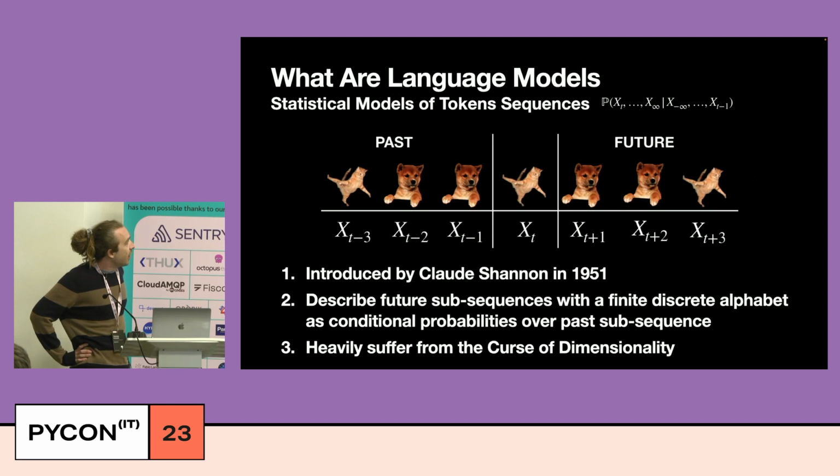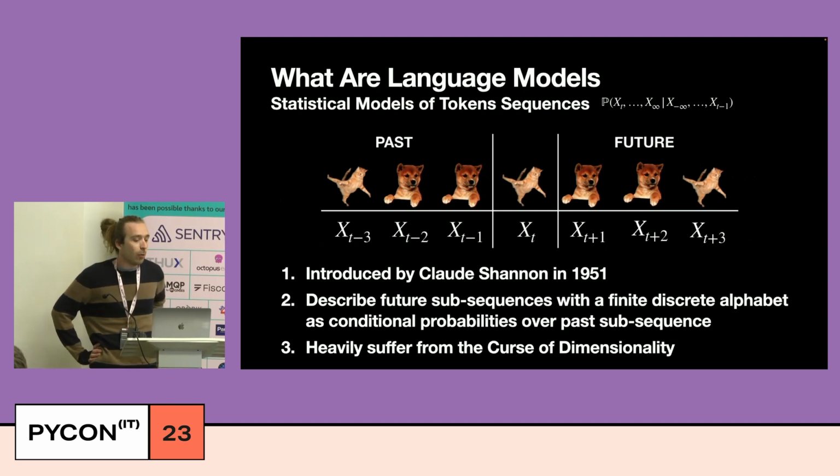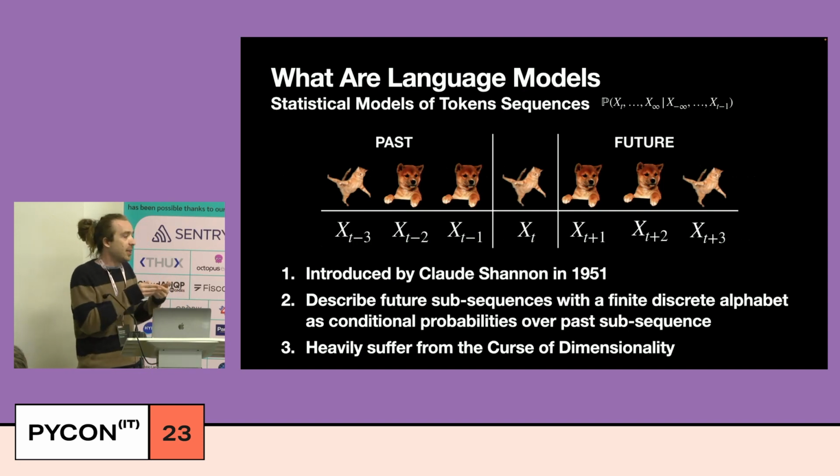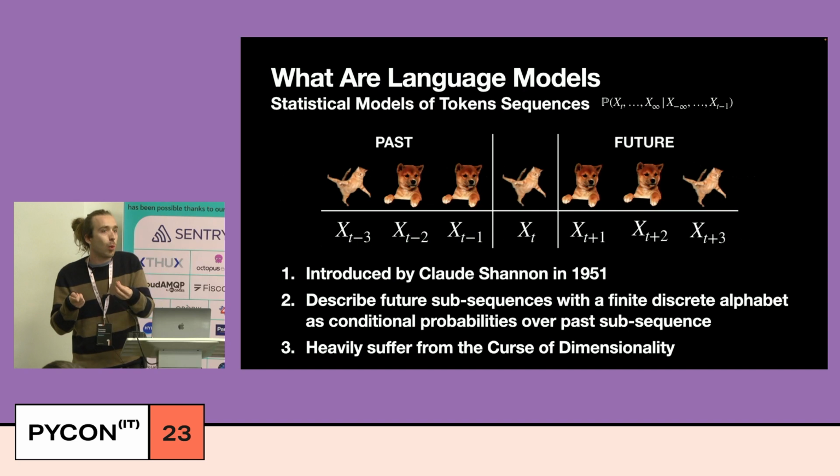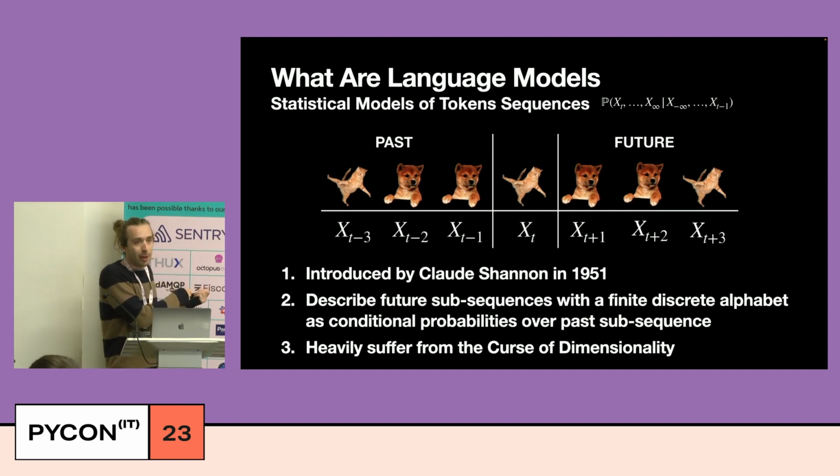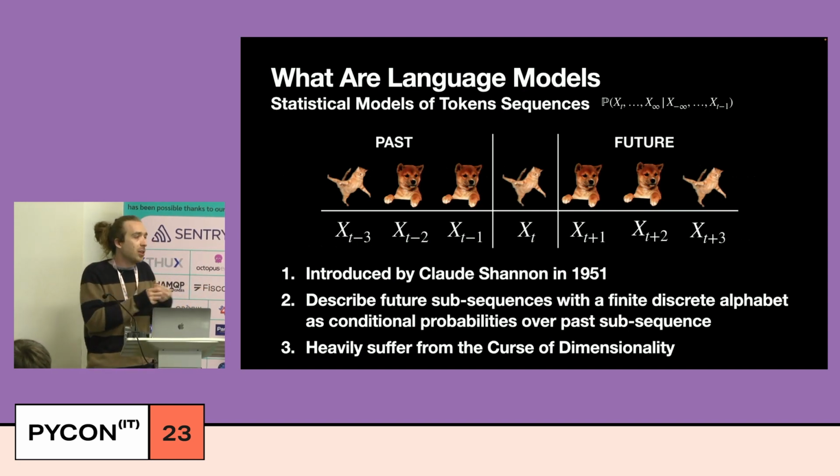But the idea is that you are defining language as a sequence of tokens. A token could be a letter or a phoneme or a full word. And you only care about the sequence of tokens in terms of their autoregressive ability, that is, the possibility of predicting x t plus 1 from the x that came before.